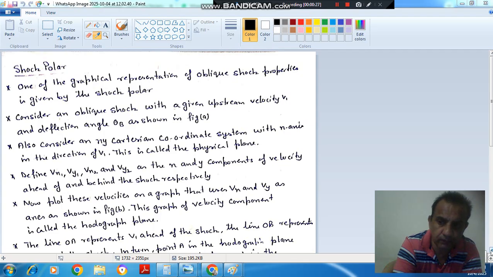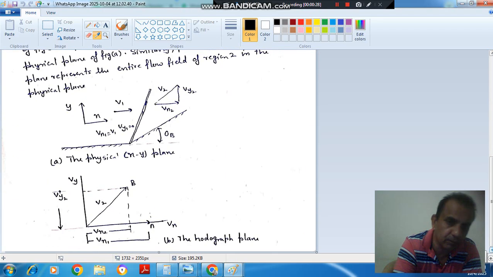Here, suppose we consider an oblique shock. This is the angle of deflection, and here suppose the velocity is v1, and after shock the velocity becomes v2. Before shock, assume that the velocity is in x direction, so that Vx1, the initial velocity in x direction, is equal to v1.